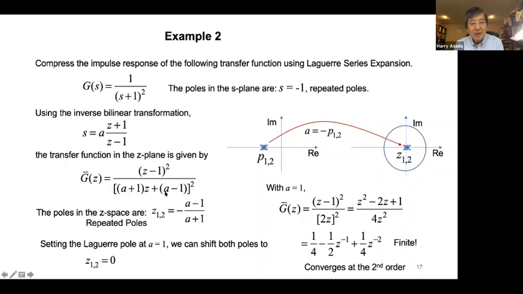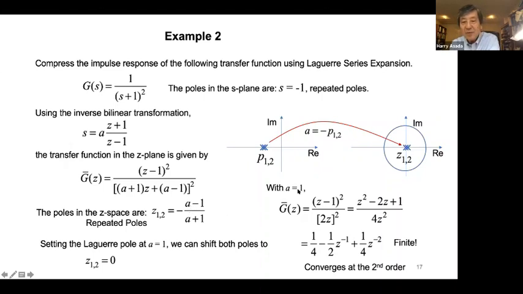Setting the denominator equal to 0 and solving for Z, you get this result. Depending on your pick of A, the poles are transferred through these equations. So our obvious choice is A equals 1.